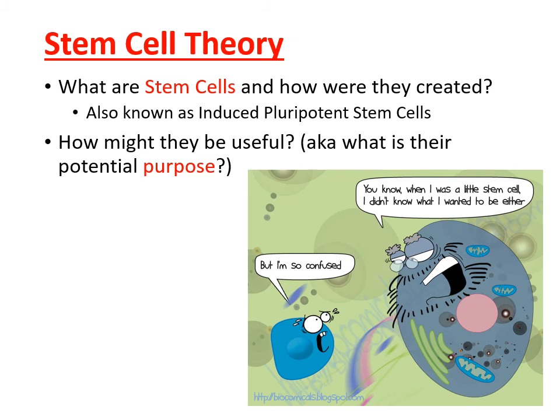Okay, and that has a lot of potential in terms of the medical field and in terms of treating various illnesses, especially things like neurodegenerative issues like Parkinson's, Alzheimer's, things like that, where you lose a lot of the adult cells that are already differentiated, that are necessary in your body, and you're not replacing them.